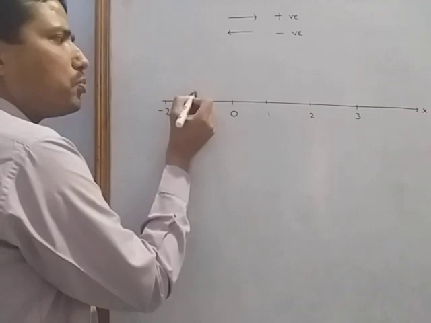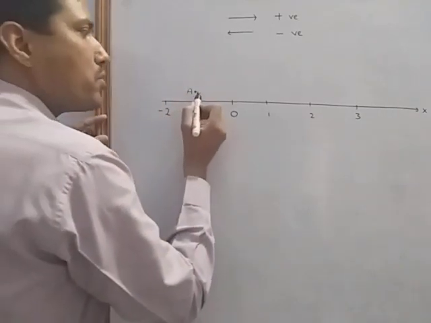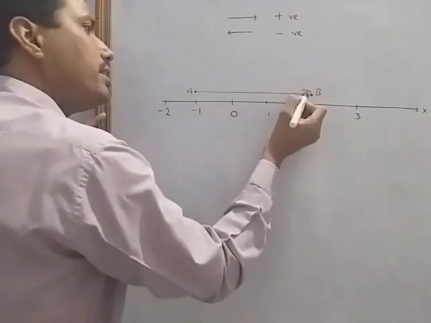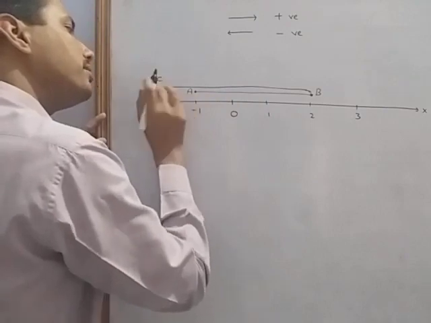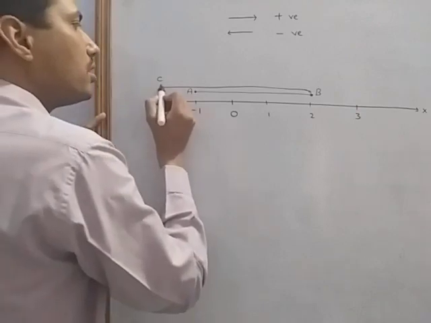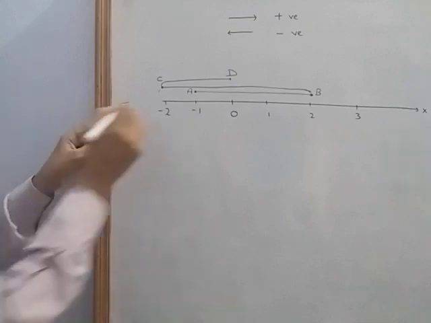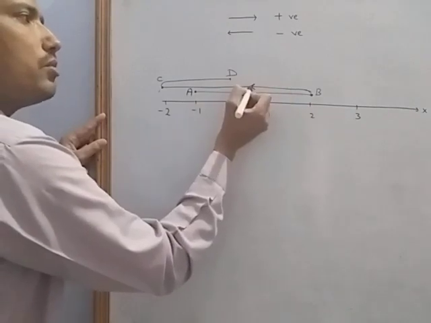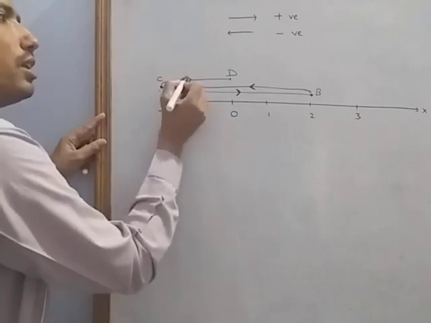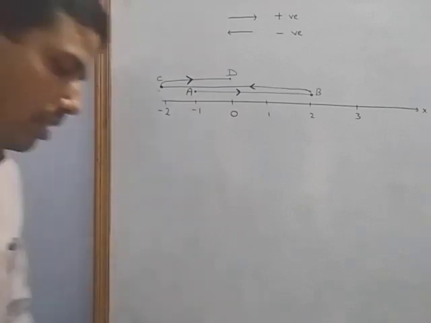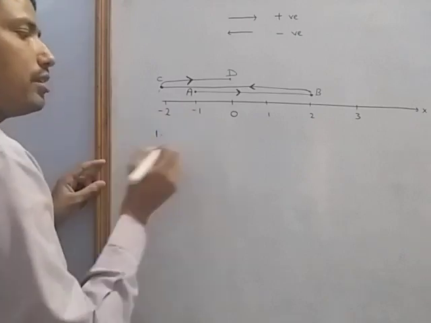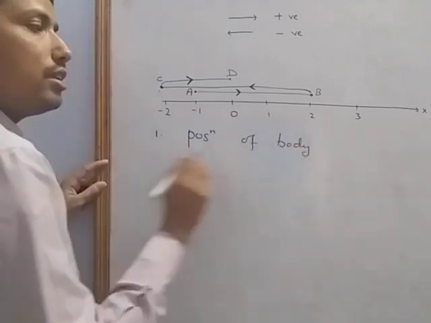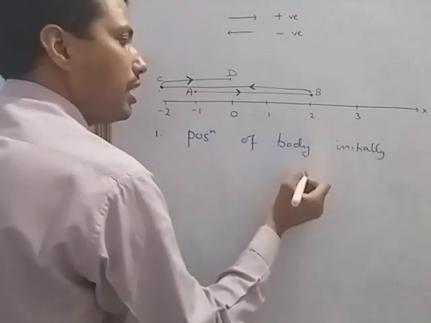Suppose there is some body which starts from this point, which we call A. It moves to the right to point B, takes a sharp turn and then reaches point C, and again takes a turn, reaches point D. It starts from A, moves to B, from B it takes a turn, moves to C, and from C it again takes a turn and moves to D. The first question: write the position of the body initially and finally.